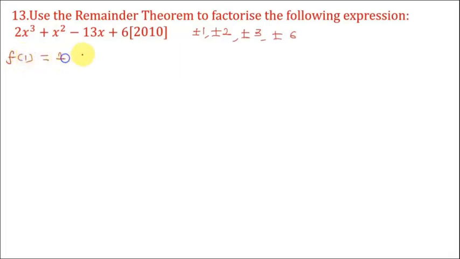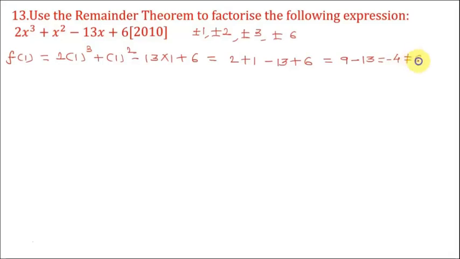Therefore x is replaced by 1: 2 into 1 cube plus 1 square minus 13 into 1 plus 6. Overall you have 2 plus 1 minus 13 plus 6. That is 2 plus 1 is 3, 3 plus 6 is 9, minus 13 equals minus 4, which is not equal to 0.